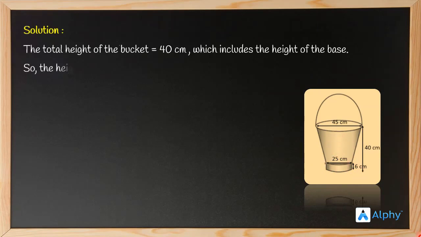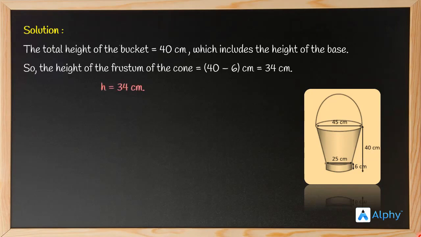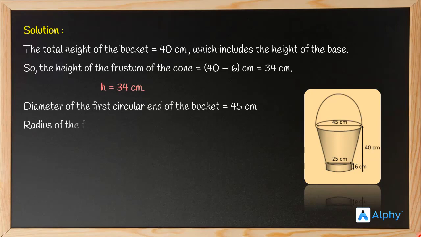So, the height of the frustum is 40 minus 6, which is 34 centimeters. So, h is equal to 34 centimeters. Now, the diameter of the first circular end of the bucket is 45 centimeters. So, the radius of the first circular end will be 45 by 2 centimeters. So, R1 is equal to 22.5 centimeters.